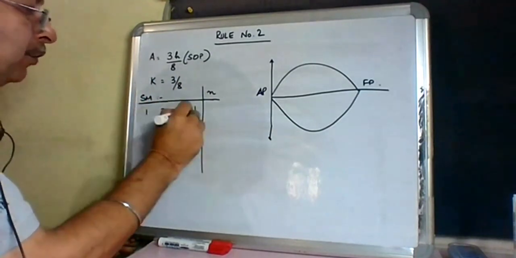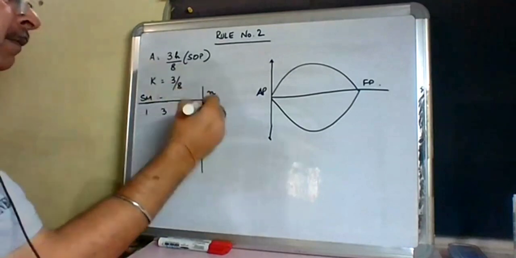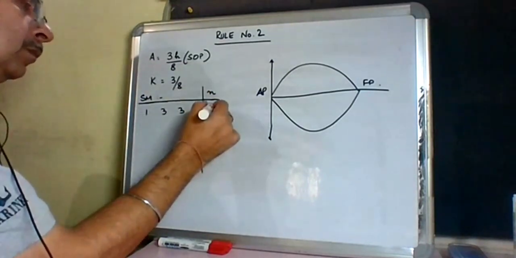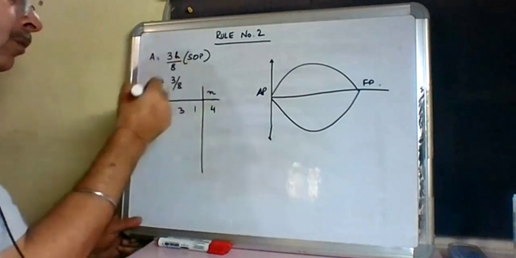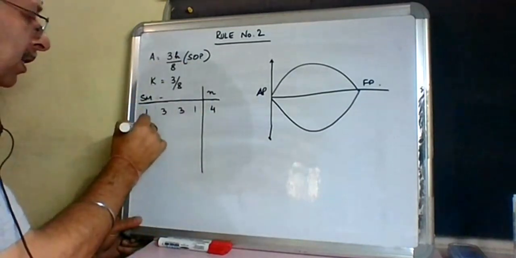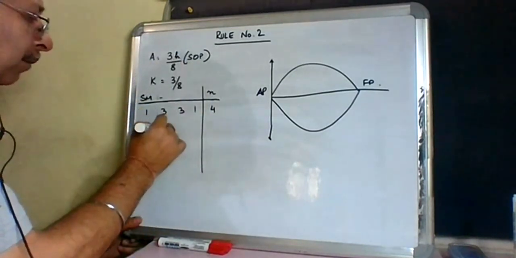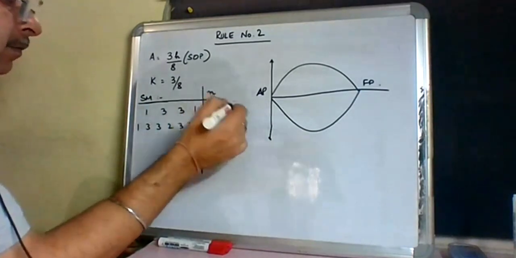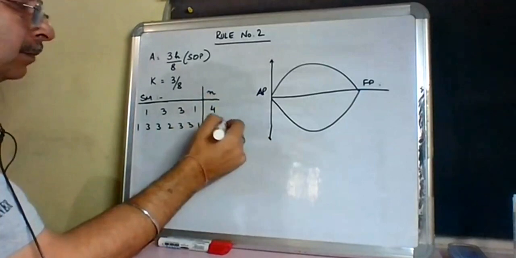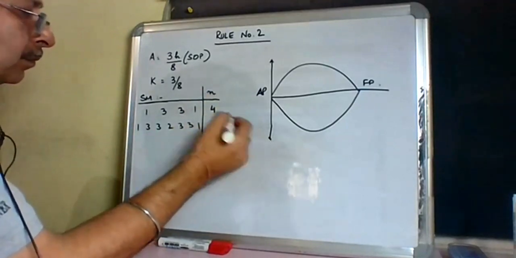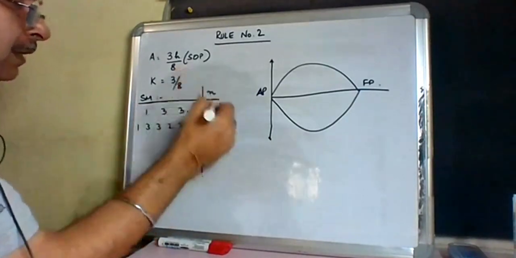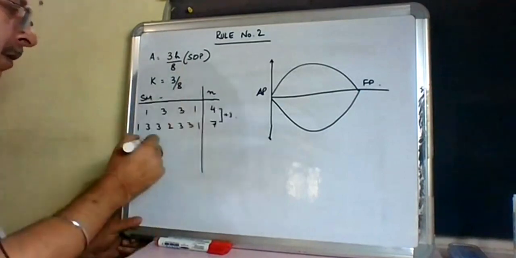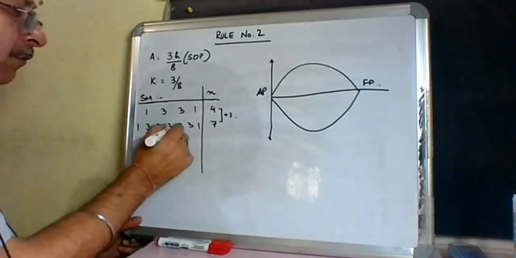So, what will be the n for this? 4. Then next is 133, 233, 1. So, n will be 7. So we notice plus 3. Then the chain is now 233, just as in rule number 1 there was a chain of 2 4.